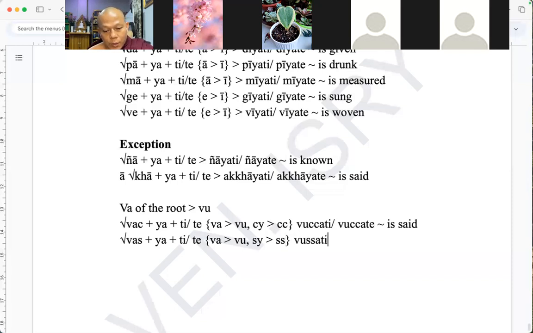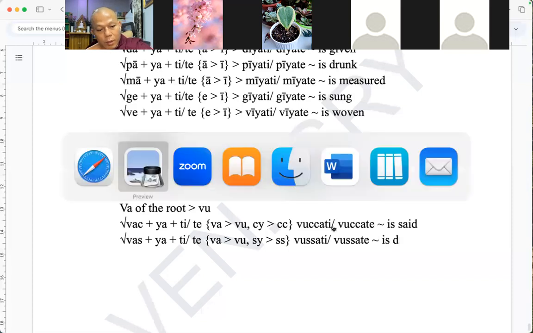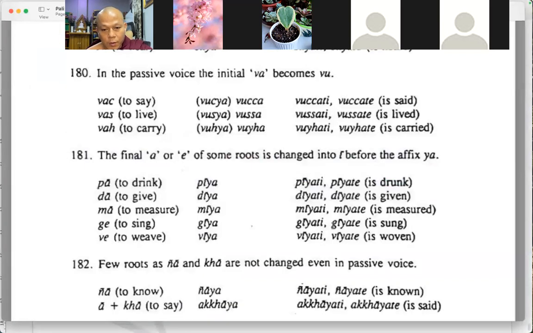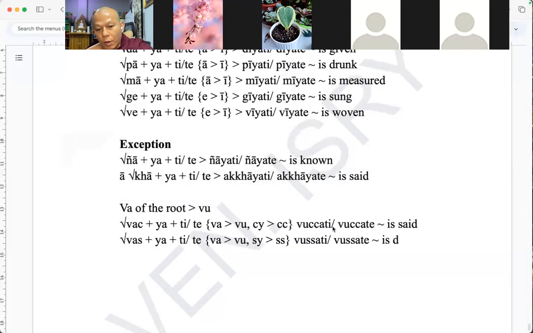So wo seti is dwelled, or has been lived. And then waha, and the passive voice suffix is ya, and then di.